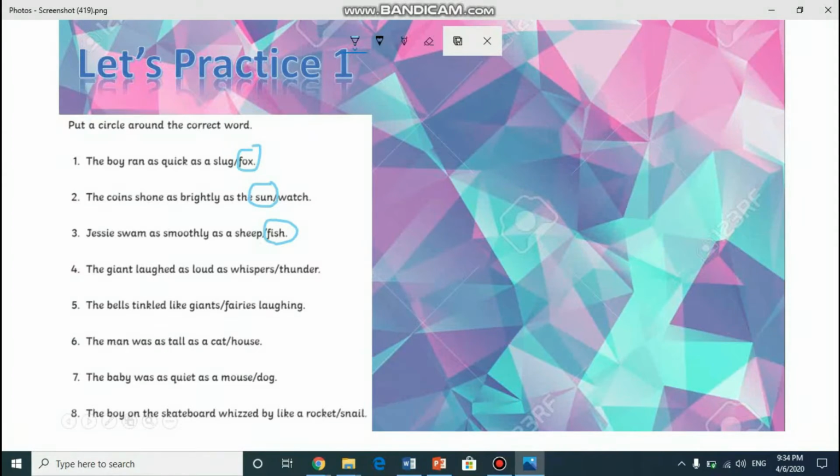Now, continuing sentence number four, the giant laughed as loud as whispers or as thunder. So the giant here means something enormous, something very big.